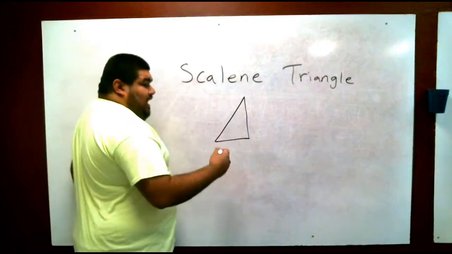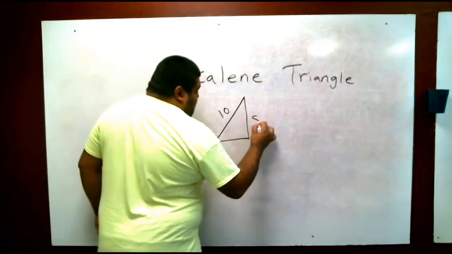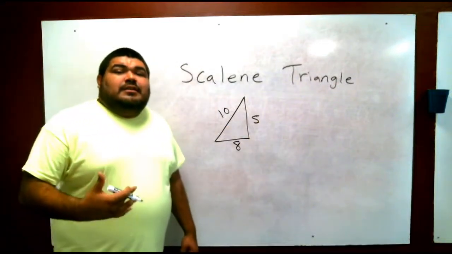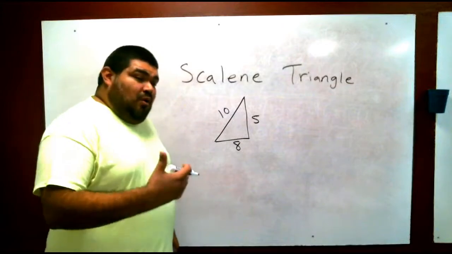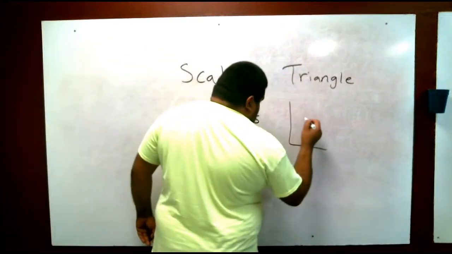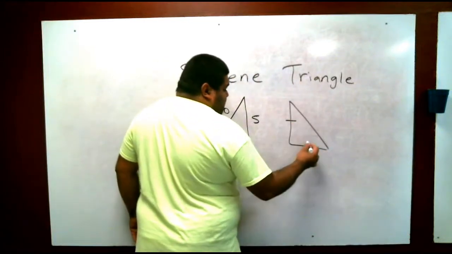Okay? So we can have one that's 10. We could have one that is 5. One that is 8. These are scalene triangles. Okay? You may also see it as something like this.